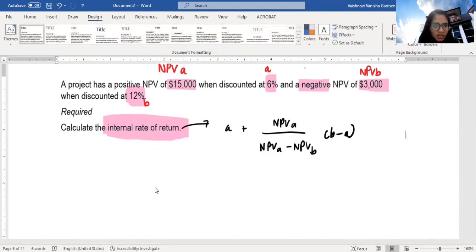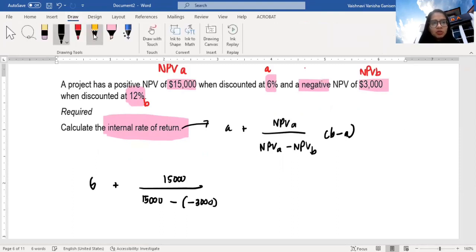So to perform the calculation, A is 6 plus 15,000 over 15,000 minus negative 3,000. So guys, remember I told you, be very careful of the signage. Multiply 12 minus 6. So what is the answer? 15,000 over 18,000 multiplied by 6, plus 6.